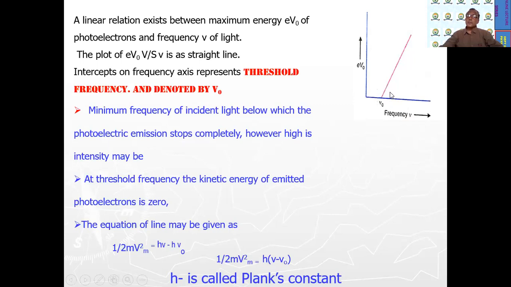This threshold frequency can be defined as the minimum frequency of the incident light below which photoelectric emission stops completely. If the frequency of the incident light falling on the cathode is below nu zero, there will be no photoelectric effect.